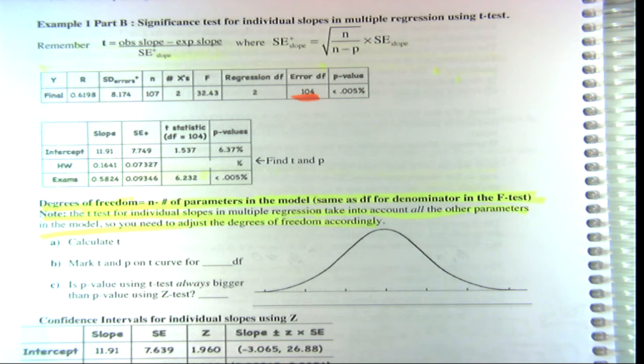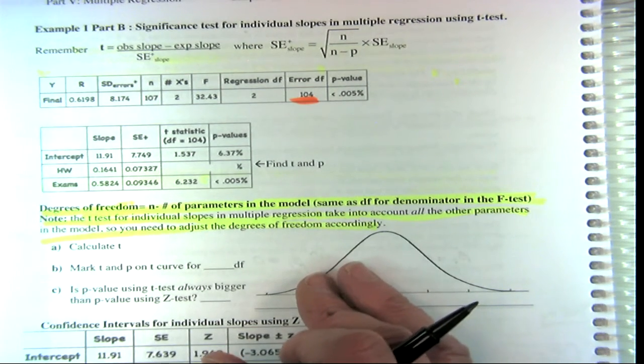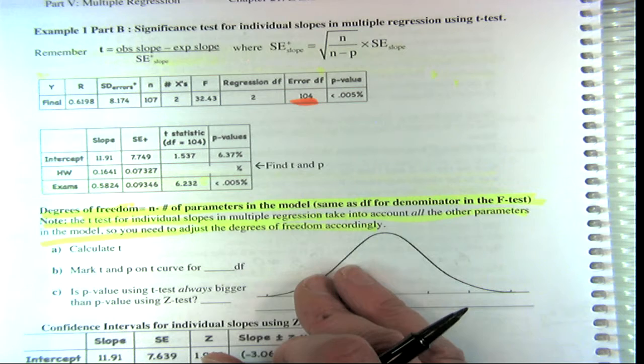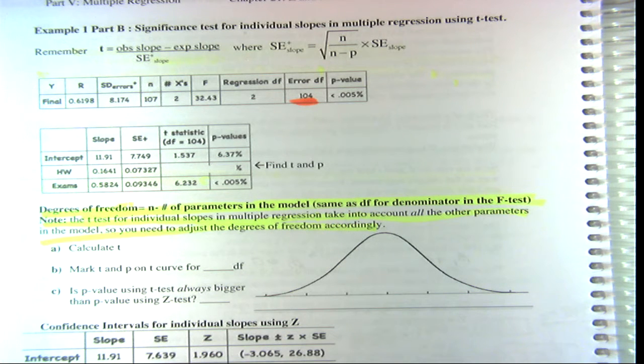So t-tests always adjust, because you're taking into account all the other variables in the model. So you can't have the same degrees of freedom as if you just have one slope. All right, so you just need to remember that.